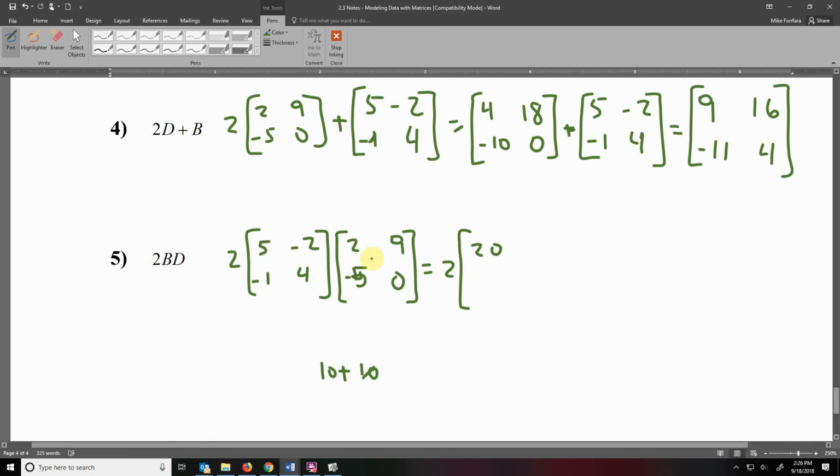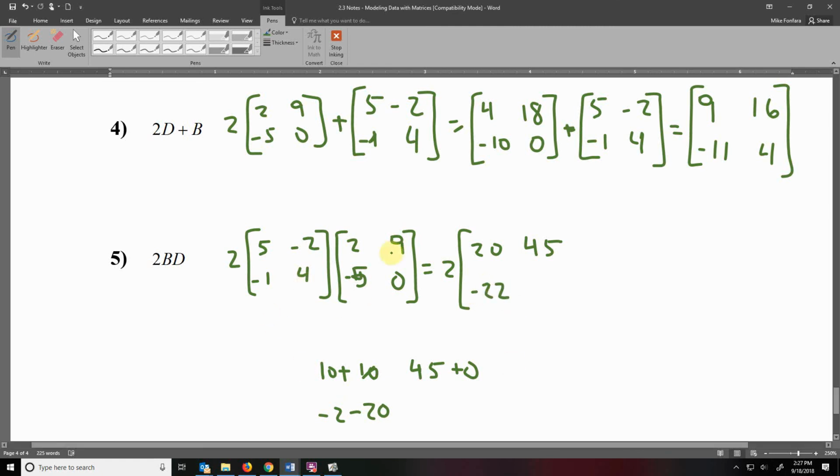Okay, then the first row by the second column, 5 times 9, and over and down, negative 2 times 0. 45 plus 0 is 45. Then the second row by the first column, negative 1 times 2, and over and down, 4 times negative 5. So negative 2 minus 20 is negative 22.